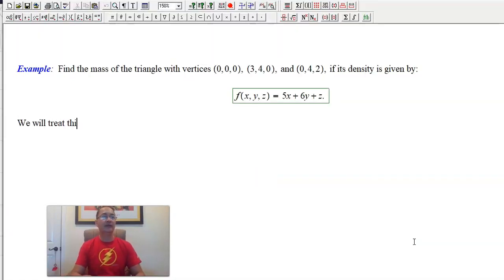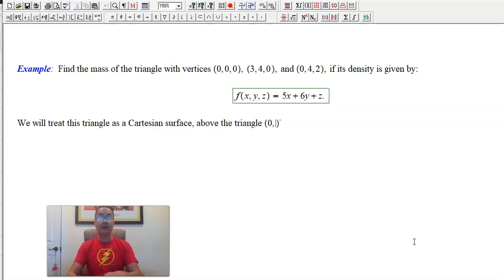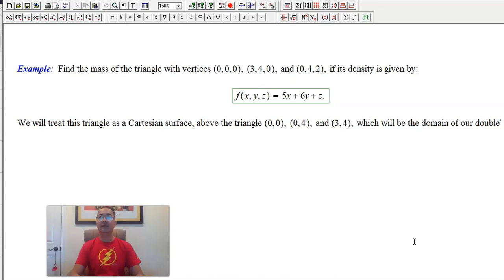We will treat this triangle as a Cartesian surface above the triangle with the origin, 0, 4 on the y-axis, and 3, 4, which will be the domain of our double integral.